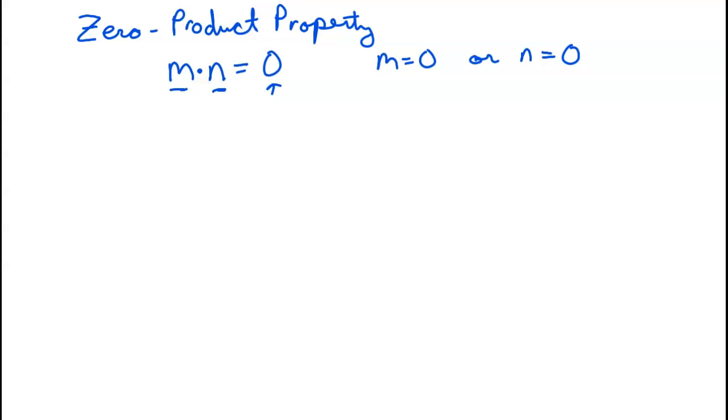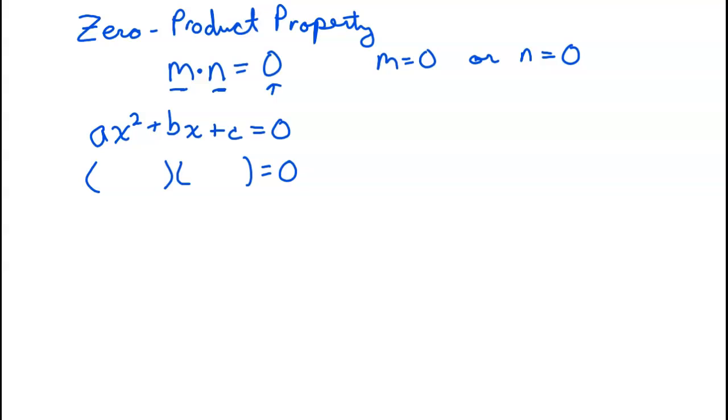So when you're looking at quadratic equations, remember we have ax squared plus bx plus c, and we set it equal to 0. We want to factor this so that we get two factors equal to 0.